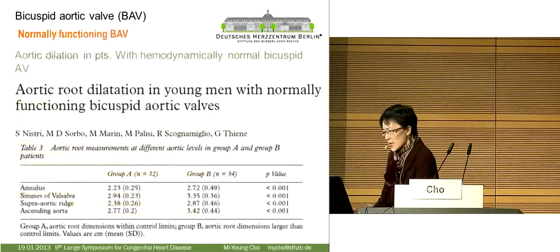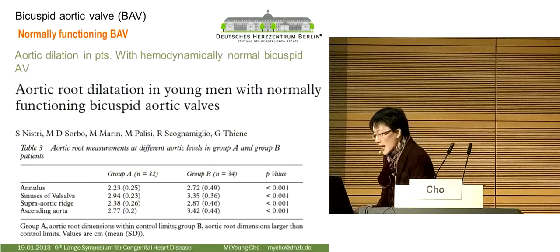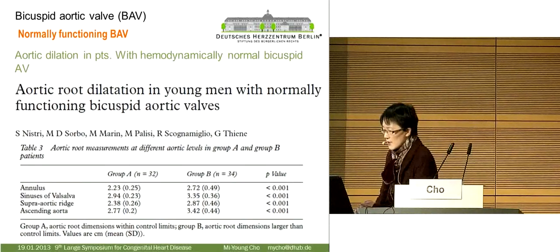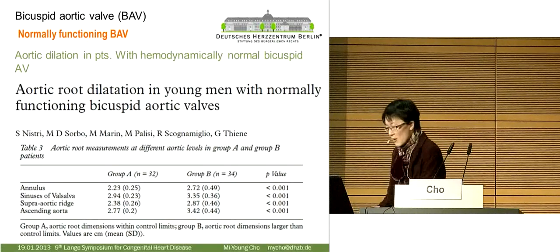So aortic dilatation is a problem, and aortic dilatation is not related to hemodynamics. Nistri looked at young men who had a normally functioning bicuspid aortic valve, and he could show that compared to the control group, the group with the bicuspid aortic valve had a bigger annulus, a bigger ascending aorta, and the sinuses of Valsalva were also bigger.